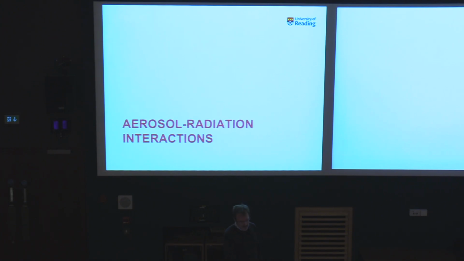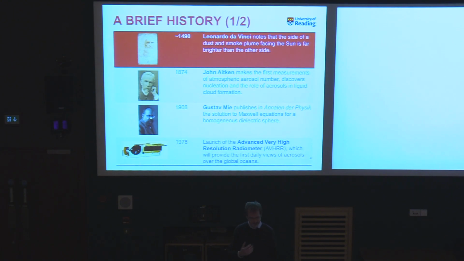So let's start with an introduction on aerosol radiation interactions. And I always like to look a little bit back at history. With aerosol radiation interactions, we can go back to about the 15th century to the first mention of what we now call aerosol radiation interaction in a manuscript by Leonardo da Vinci.